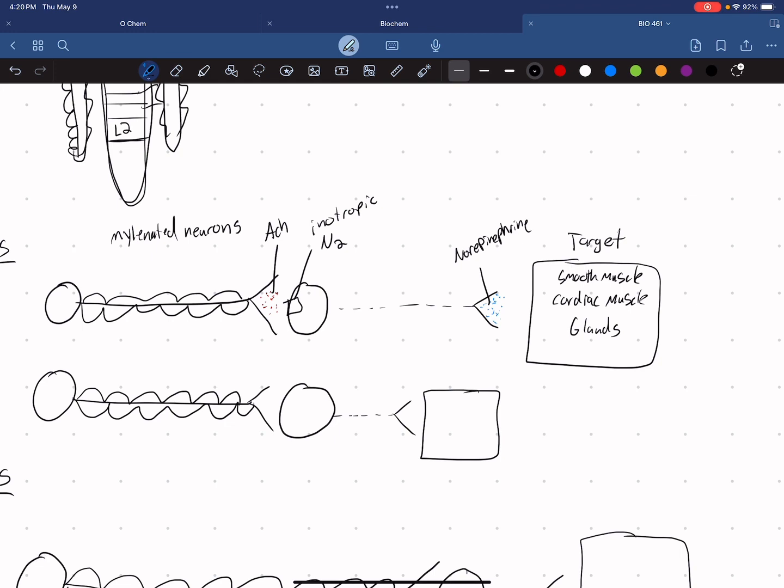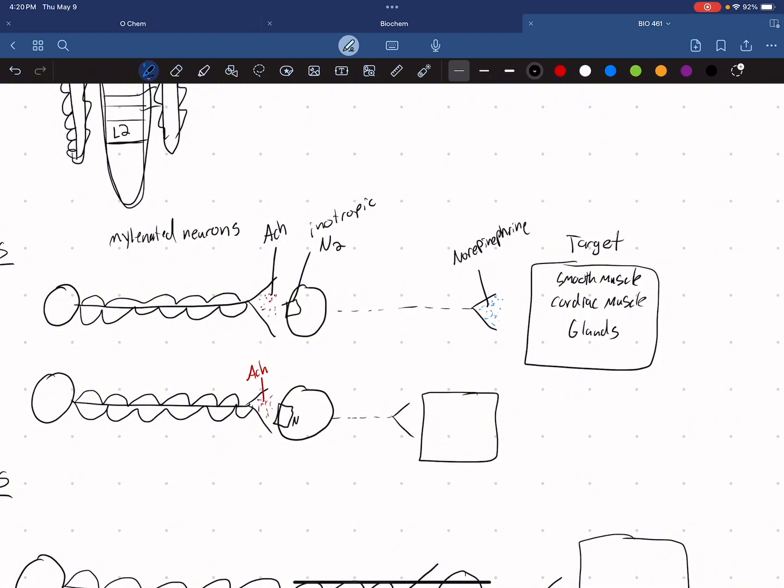So in the second type of the sympathetic nervous system, we also have acetylcholine here being released onto another N2 receptor, which will cause an action potential and move down this postsynaptic neuron.